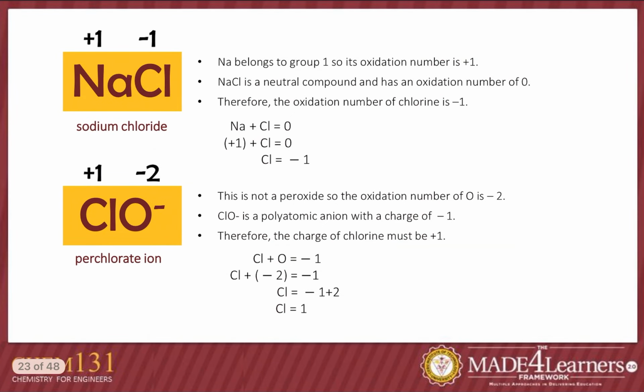For example, kani, we have sodium chloride. So, sodium chloride, NaCl. So, as I mentioned there in the discussion, so, unsay unahon na to og tan-aw? Unsay unahon na to og assign og oxidation number? So, sodium belongs to group 1 and chlorine is a halogen. So, sa atong rule, kadong halogens, they most of the time have an oxidation number nga negative 1, but sometimes their oxidation numbers become positive if they are combined with oxygen.